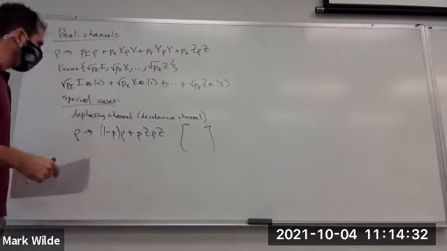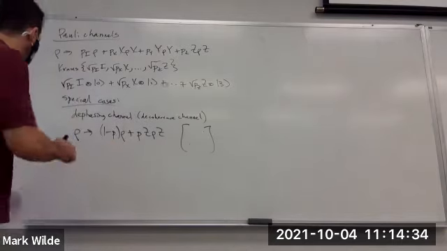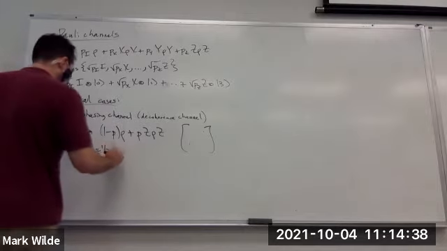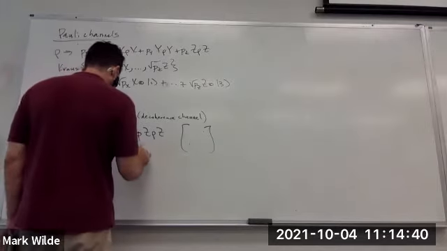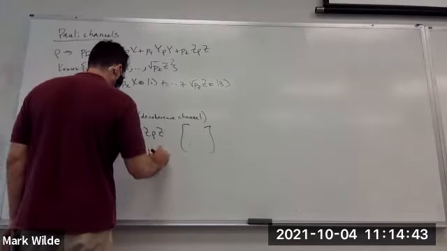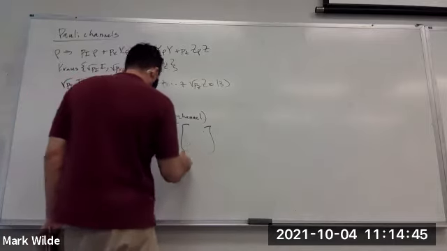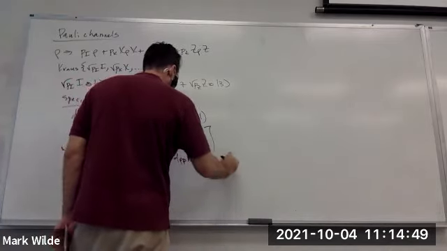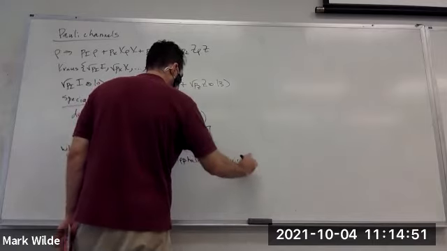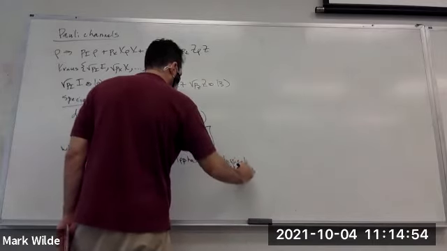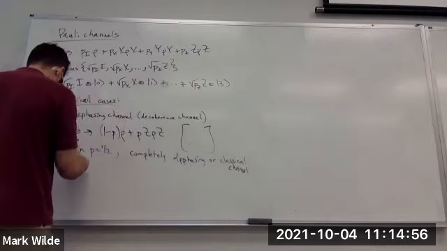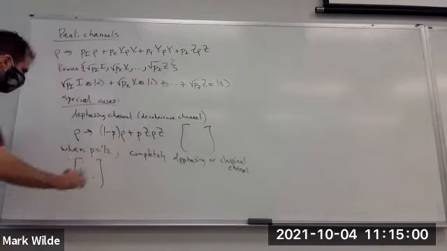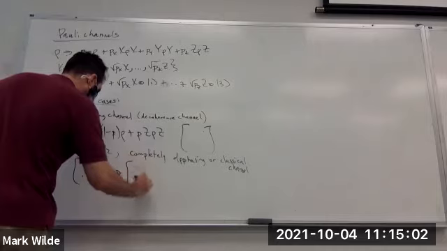When p equals 1/2, that's a classical channel. So we should say that. When p equals 1/2, it's called a completely dephasing channel, or even a classical channel. So why is it called a classical channel? Well, let's write this out. If this is your initial state, when p equals 1/2, it will go to the diagonal part.